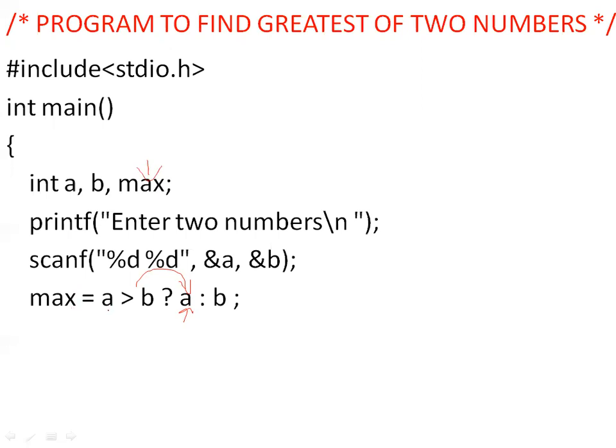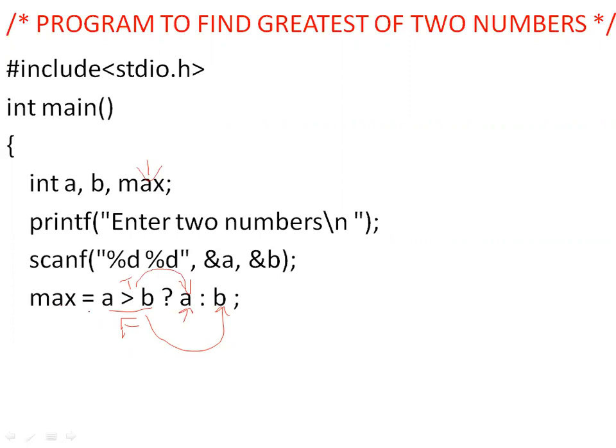If this is true, it goes to A here. If this is false, then it jumps to B here. When the condition is false, control jumps to B and B will be assigned to max.